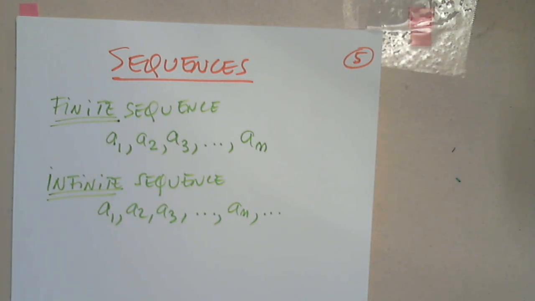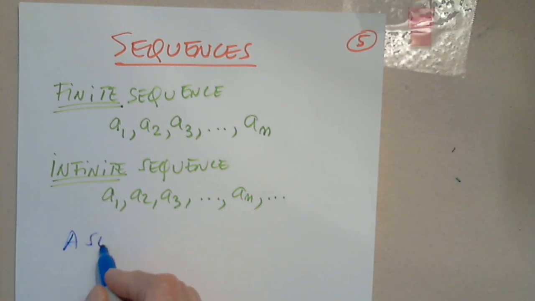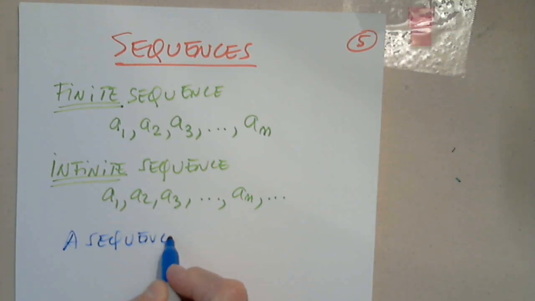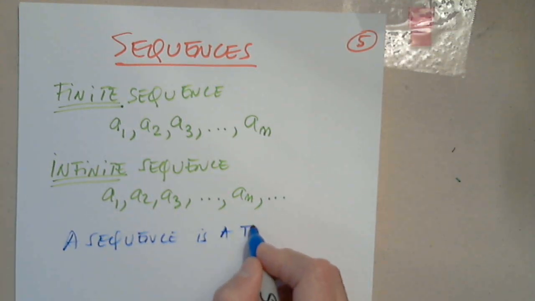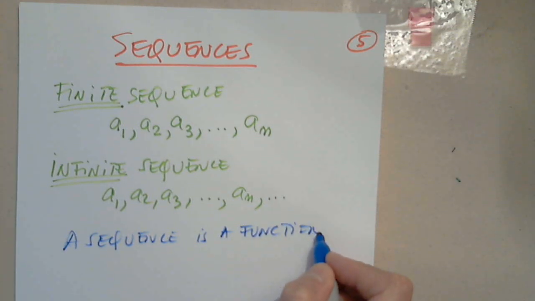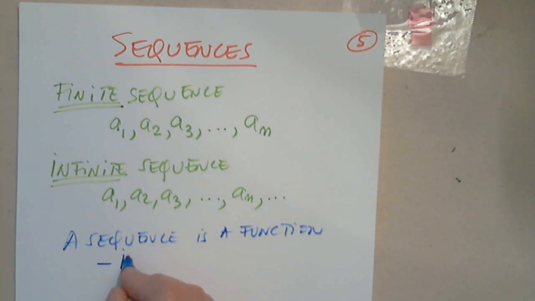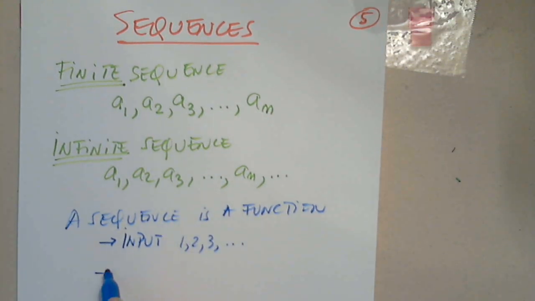And I also said that sequences are functions. A sequence is a function. The input is 1, 2, 3, dot, dot, dot. And what is the output?